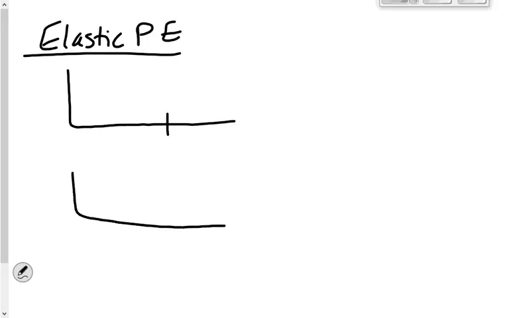So of course, we want to talk about how we can calculate that elastic potential energy. And again, we're going to be talking about the difference in potential energy between two positions. Except that remember, when we're talking about a spring, we always let x equals 0 be at the natural length of the spring.